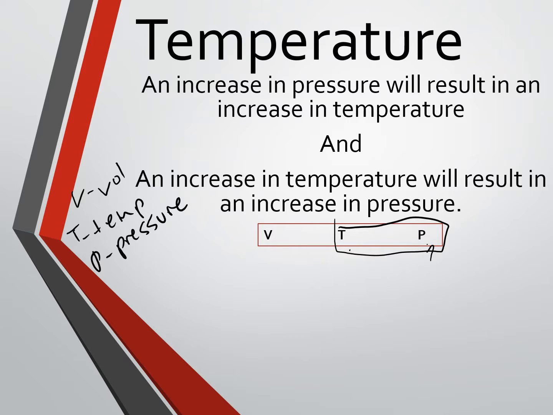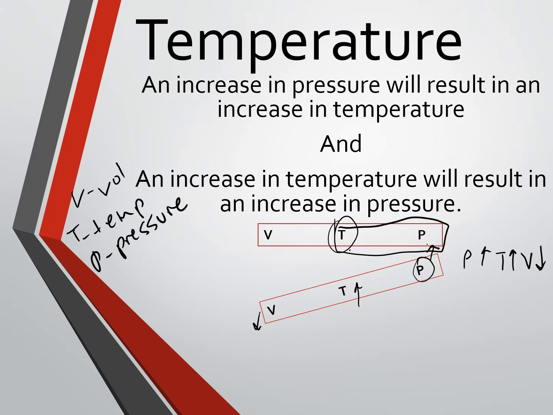If I increase pressure, what will happen to temperature? Well, we see that I move pressure up, that means temperature goes up. Okay, makes sense. Pressure goes up, temperature goes up, and what happens to the volume here? As we increase pressure, the volume is going to move down, so volume goes down.